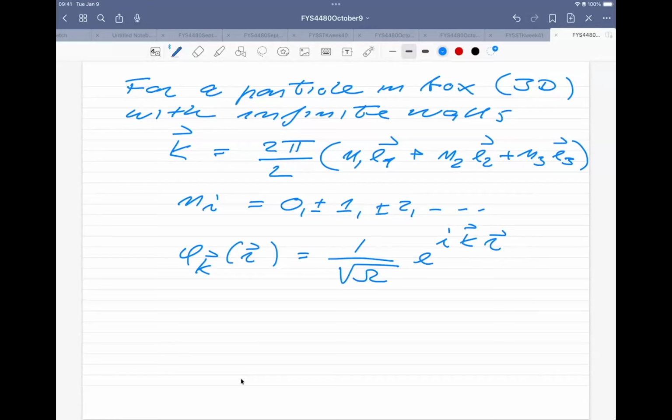Now, when we look at the kinetic energy and act with it on this specific state, because I just take the derivative twice, that gives me simply k squared. So I get h bar squared k squared divided by 2m, multiplied by phi_k of r.